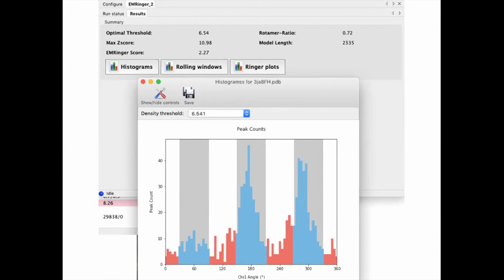And it makes a plot for the overall structure. These gray areas are around the staggered position at 60 and 180 and minus 60. And you get a good score in those positions in all of your residues.